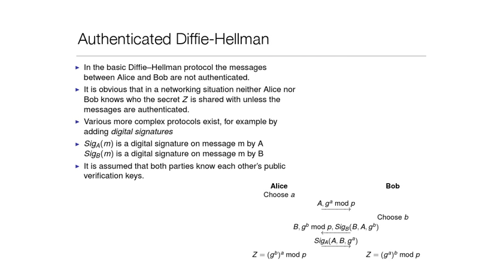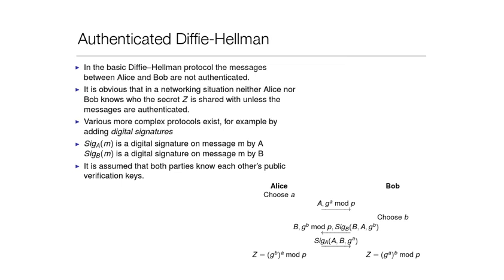After this three-way communication, finally, Alice and Bob both get signed values from the other one. By verifying that signature, both of them can be guaranteed that this message is exactly coming from Alice and this message is exactly coming from Bob. So that's authenticated Diffie-Hellman using digital signatures.